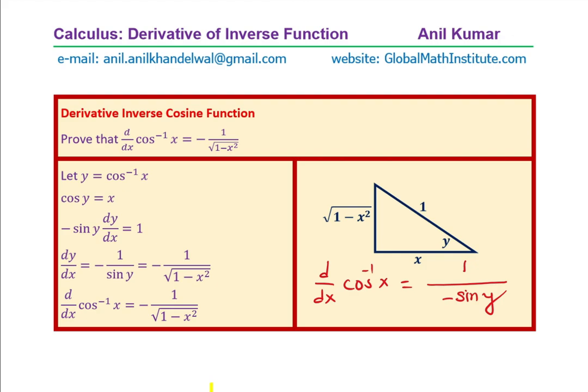So you could directly write down this answer, and then, if y is equals to cos inverse x, then cos y is x. Make your right angle triangle with cos y equals to x. The angle being y, you get x as the adjacent side and 1 as the hypotenuse. Opposite side being square root of 1 minus x squared, right?